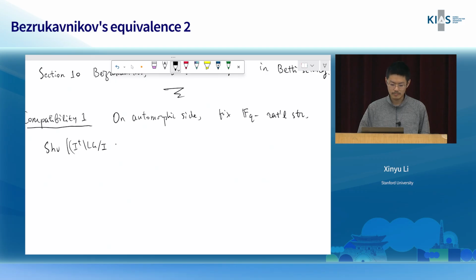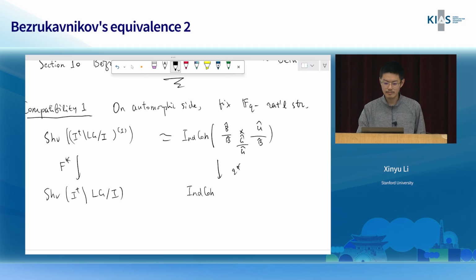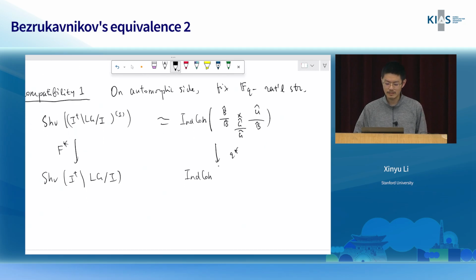I want to be more careful, put a twist by 1 here. And this operation corresponds to something very natural on the spectral side. I denote this by q upper star, where q is this operation that's induced by raising every element to the q's power.